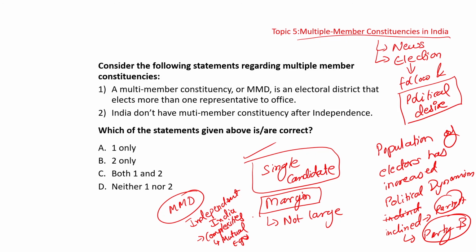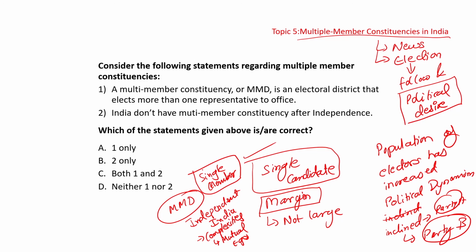This did not allow welfare. Hence, we moved to the single member constituency, where only one MP represents the constituency in Lok Sabha. So that is what multiple member constituencies are.